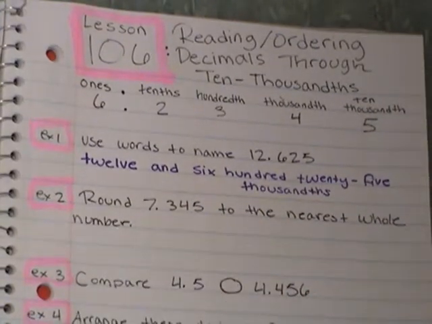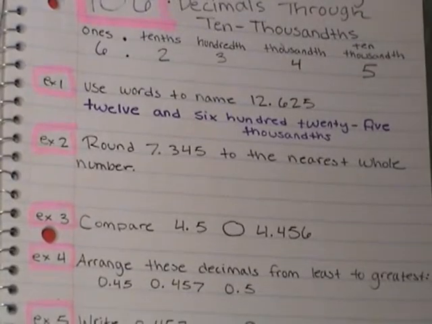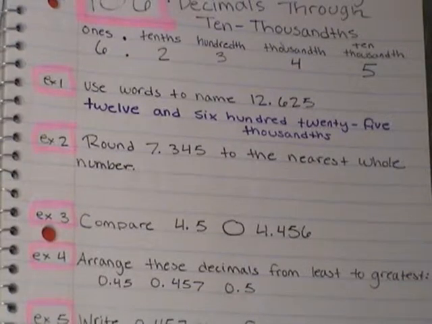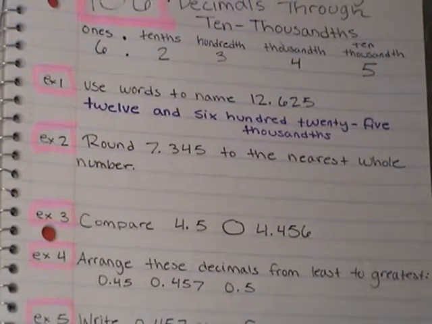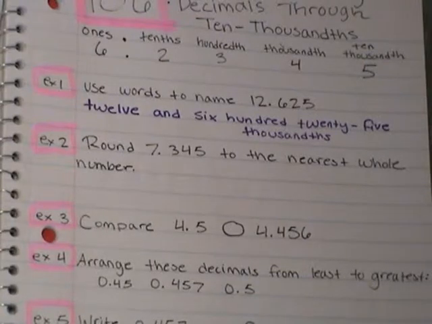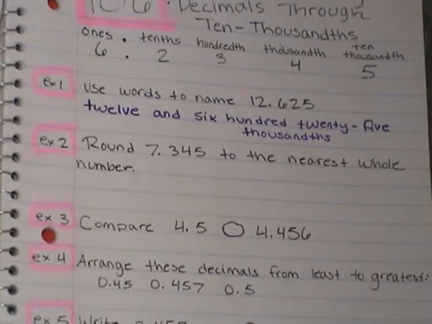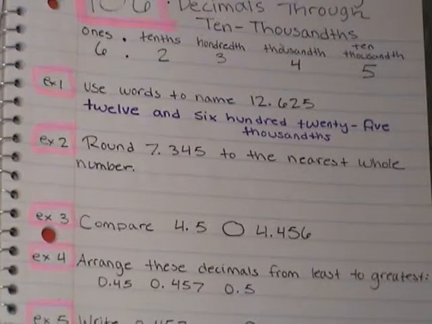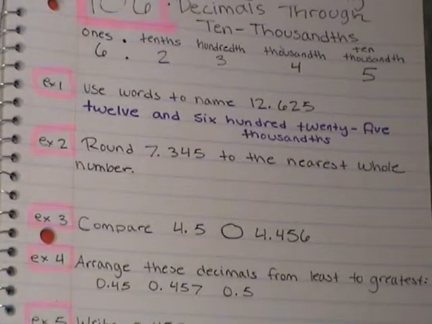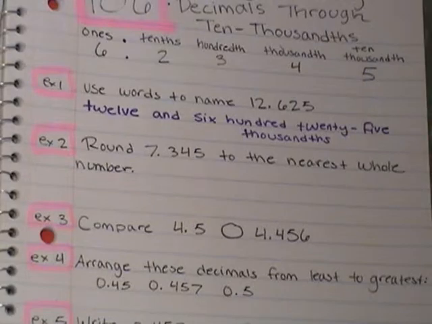The next one, we've been rounding decimals and fractions, and now we're going to do it, but we just have more places behind our decimal point. It says round 7 and 345 thousandths to the nearest whole number. Normally what I would do is look at my tenths first, and that usually determines if I'm halfway.